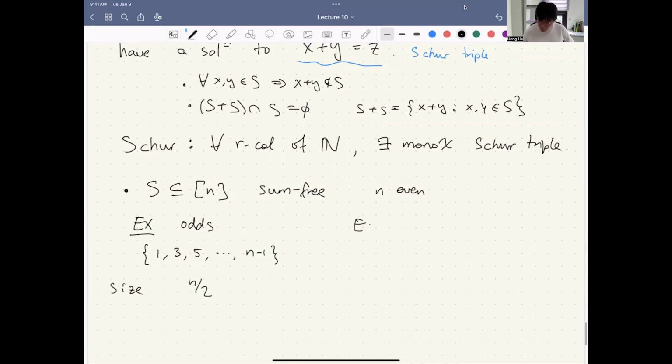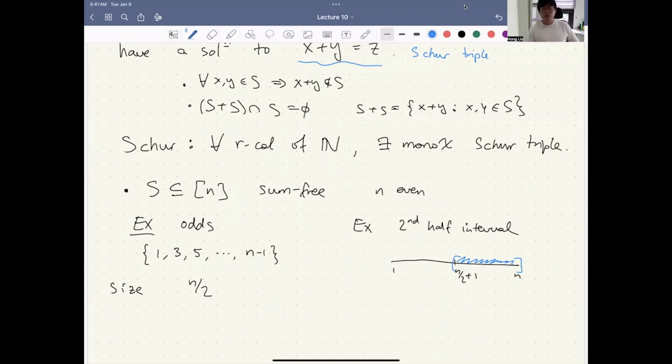Another example, you can take the second half interval. So this is 1 to n, right? You can take this interval, of size n over 2 again.